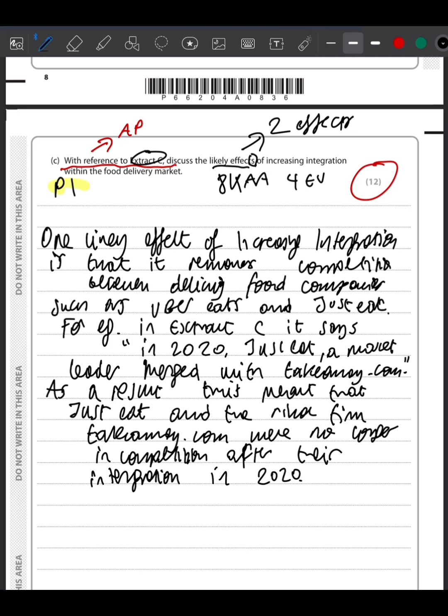Again, you want to contextualize it as much as possible. I can't emphasize this enough. You need to make sure that if someone reads it, they know what you're talking about. Not just saying, oh, this means that competition is not there anymore. No, you've got to explain.